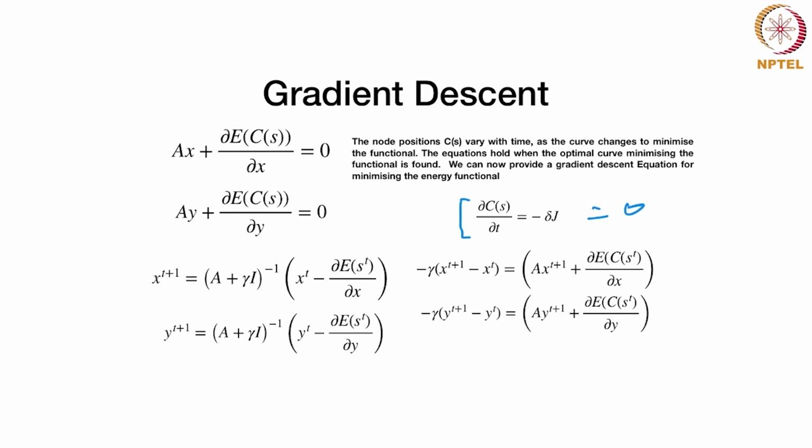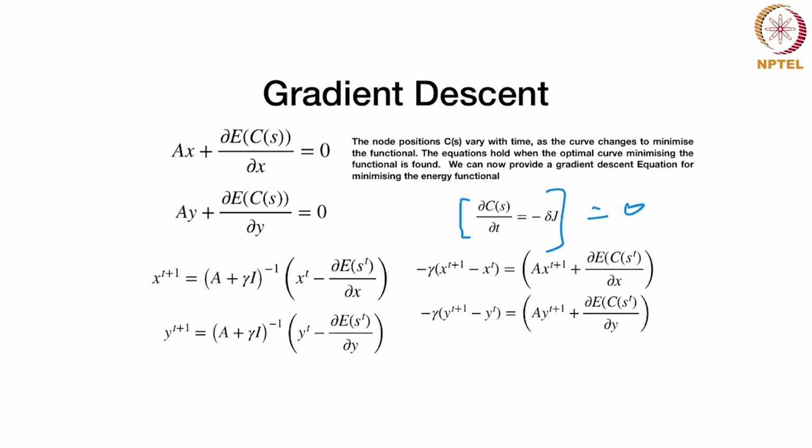So if you think about it, if you want to evolve the curve over time, then we can do this so-called gradient descent. Till we find the optimal position, we have to evolve the curve. And how do we evolve the curve? We evolve the curve in the direction of decreasing gradient, which is what the minus delta J tells you. That's how you propagate the curve. So delta C over delta T is minus delta J, which is just a gradient descent equation.